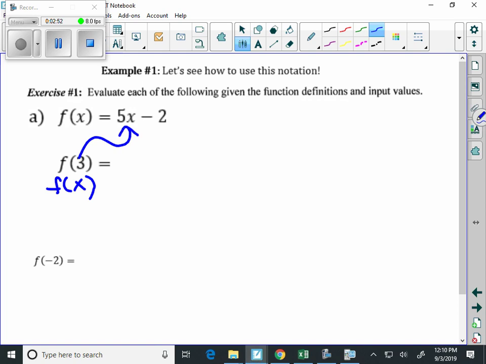So this is going to become 5. Instead of writing x, we're going to put 3, input minus 2. And then we do the math. 5 times 3 is 15 minus 2, and 15 minus 2 is 13. 13 is our output. It is the y value of the function.